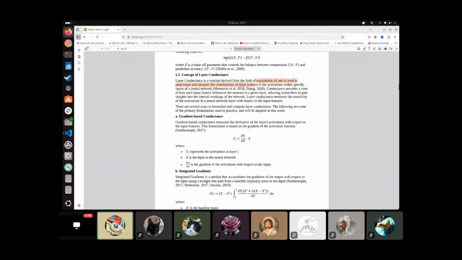It's used to interpret contributions from input features to activation within specific layers of the neural network. Okay. Conductance provides a view of how each input influences the neurons of a given layer, allowing researchers to gain insights into the internal workings of the network. Layer conductance measures the sensitivity of the activations in a neural network layer with respect to the input features.